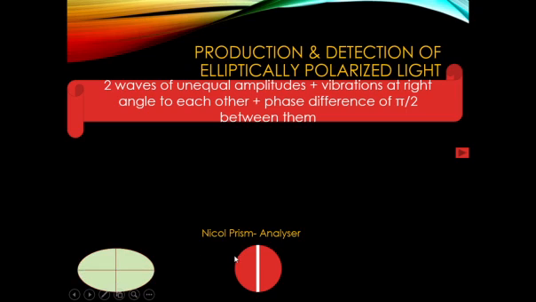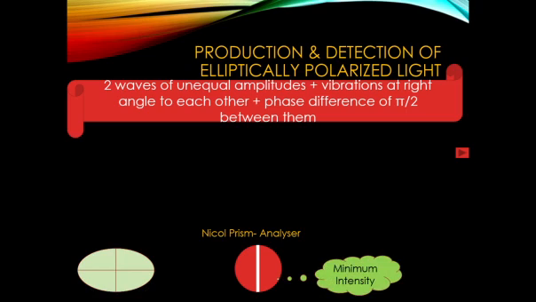Okay, so consider we are analyzing it using a polarizer or a Nicol prism. So if this axis is parallel to the short axis or minor axis, what will happen? What kind of intensity can you expect? You'll get a minimum intensity.